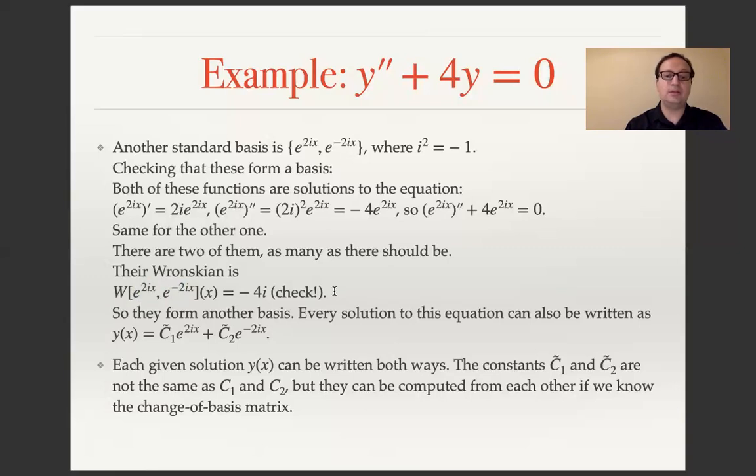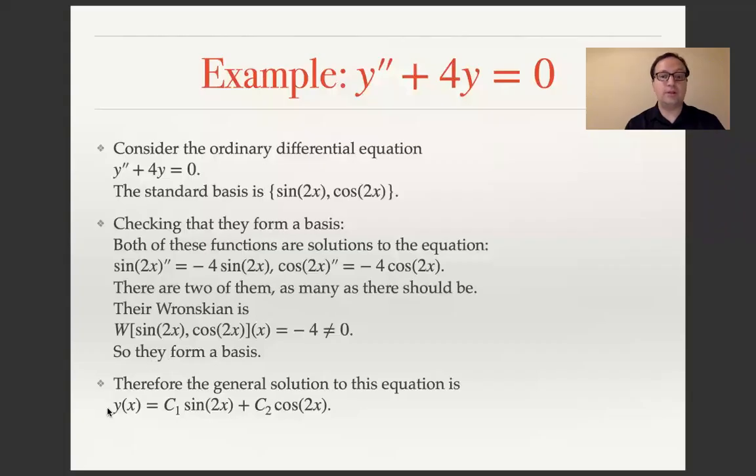This means that every solution to this ordinary differential equation can also be written as a combination of these two solutions. So the general solution is y of x equals c1 tilde e to the 2ix plus c2 tilde e to the minus 2ix, where I denoted them by c1 tilde and c2 tilde because they are not the same as the constants c1 and c2 from the previous page.